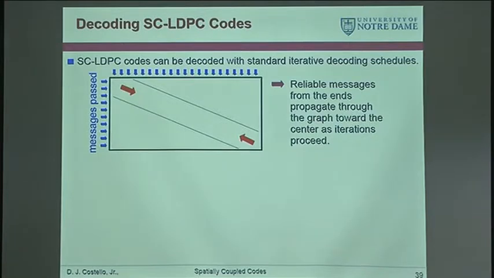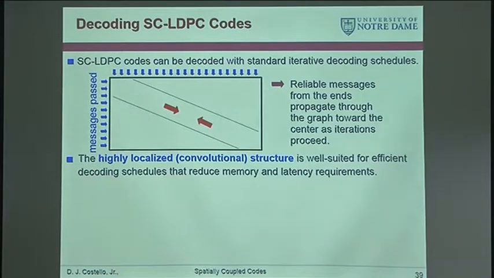And then it propagates from the ends, if we think in terms of termination at both ends, like we've discussed previously, towards the center as the iterations proceed. But this graph is a localized graph. If this were just a random block code, a variable node over here could send a message to a variable node way at the other end in one iteration.